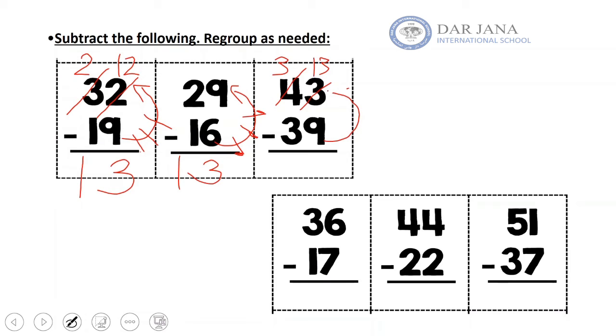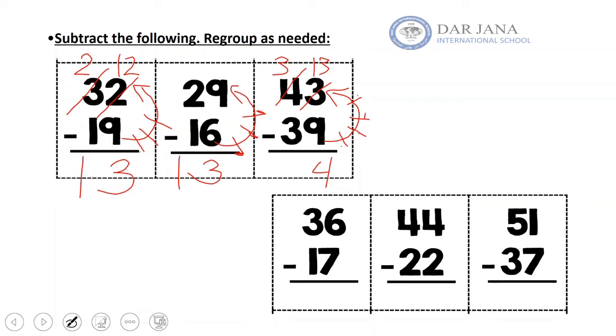The 9 will go to the 13. Let's count. 9, 10, 11, 12, 13. How many did you draw? 1, 2, 3, 4. So 13 minus 9 equals 4. Now, 3 minus 3 is a 0.